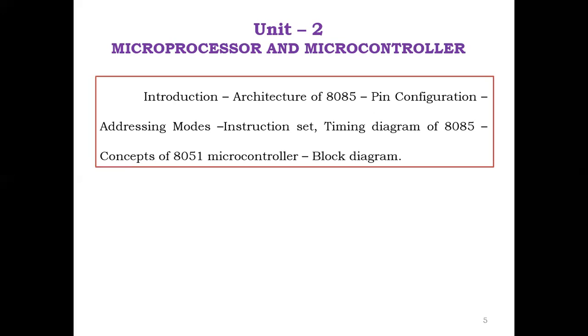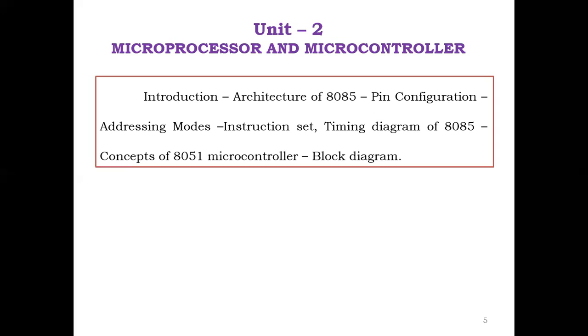Okay. So next one is the timing diagram. So why do we go for the timing diagram of 8085? It is an image or graph representation of 8085 instruction execution. We already discussed that we have a lot of instructions, 246 instructions in 8085.